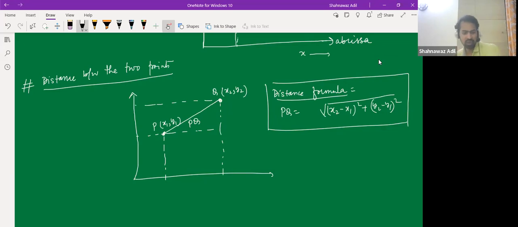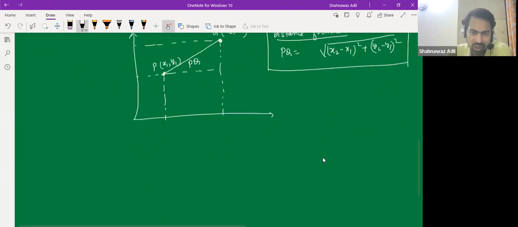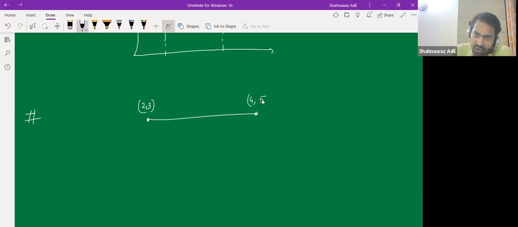Yeah, finished. Okay, so the first exercise is about only this formula. Let's say we have 2 points, where this is 2, 3, and this is 4 and 5. What are x1 and y1? x1 is 2, y1 is 3, and x2 is 4, y2 is 5.